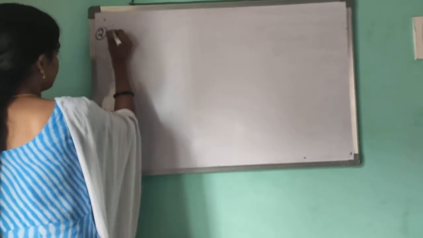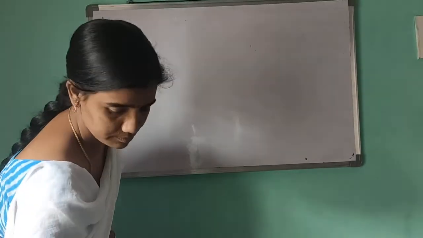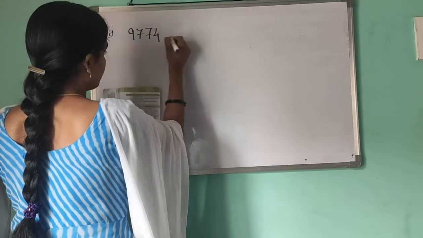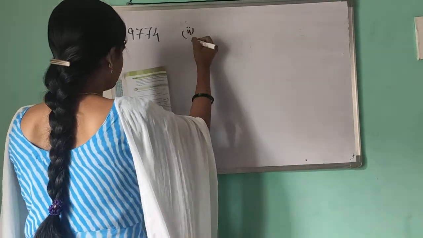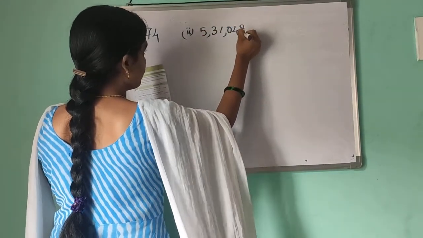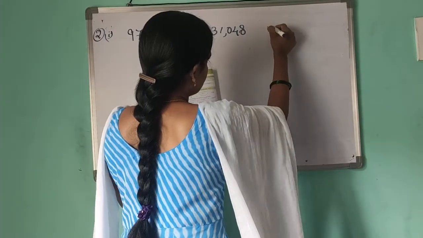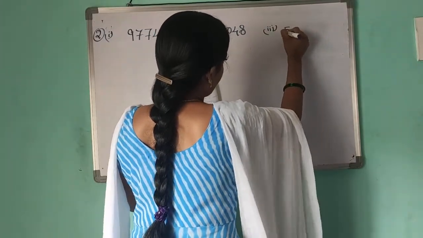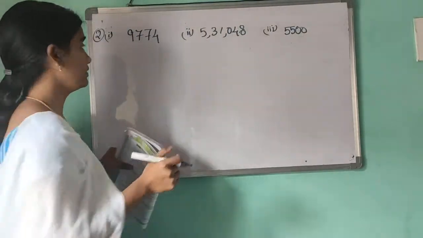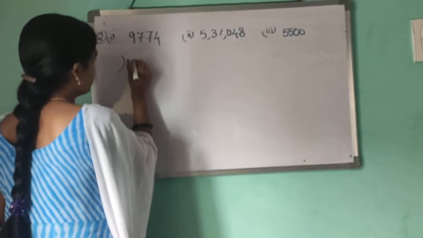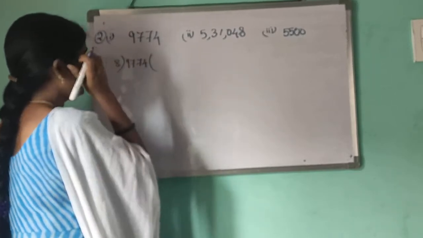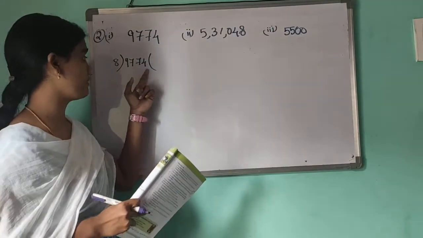See, second one, first bit, 9774, second bit, 531048. Coming to third one, 5500. Let's check 9774. Is it divisible by 8 or not?